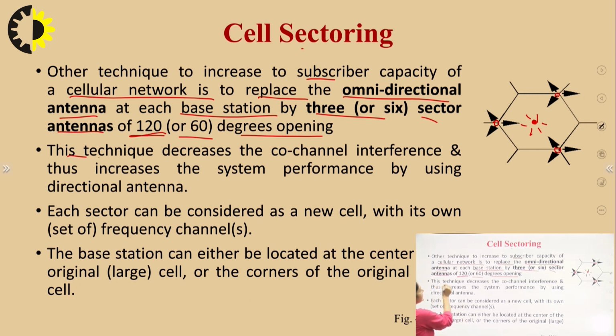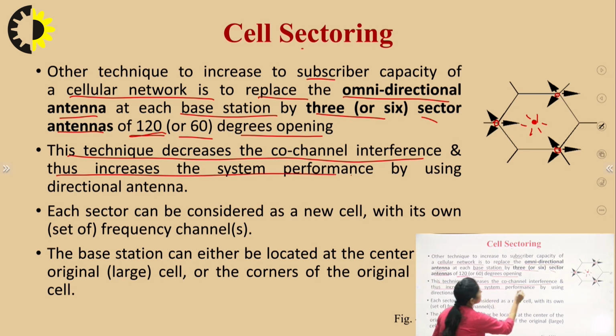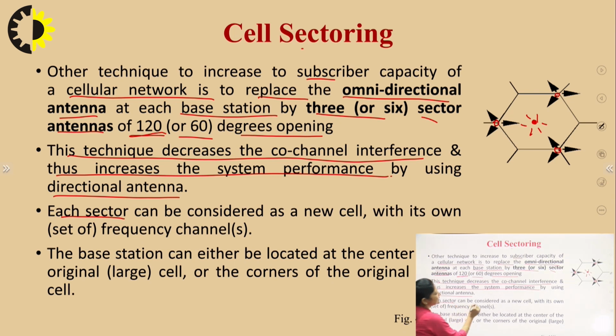Now, this technique decreases the co-channel interference. As I have already told you, this method depends upon increasing the signal to noise ratio and decreasing the co-channel interference, and thus increases the system performance by using directional antennas. Clear? Each sector can be considered as a new cell.